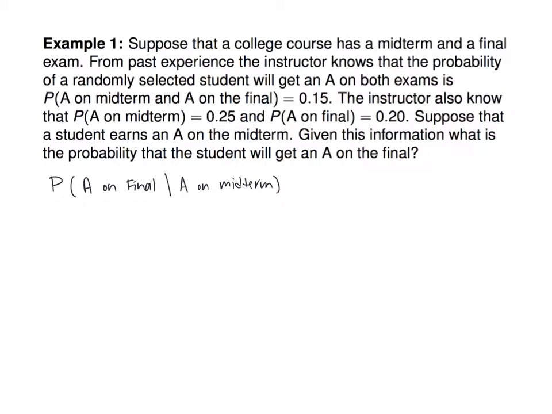So using that rule above, how do you translate this? You say probability of, what's in the numerator? A on midterm and A on final, right? So probability of A on both, because that's the same thing as and. Divided by probability of A on midterm.